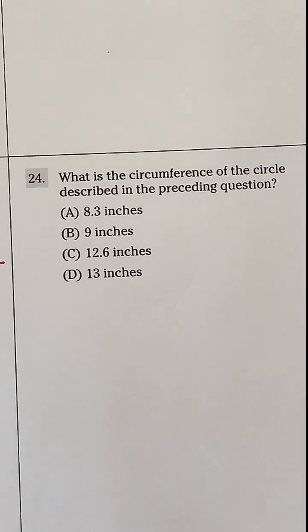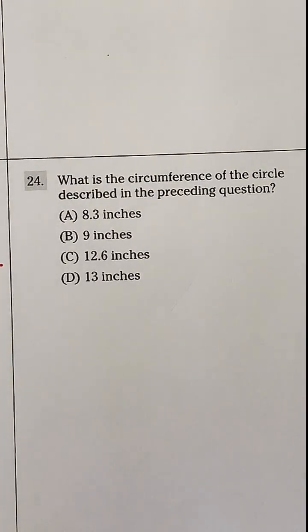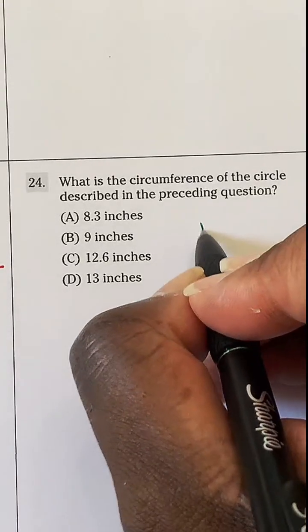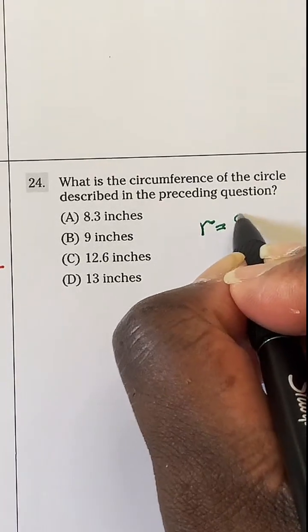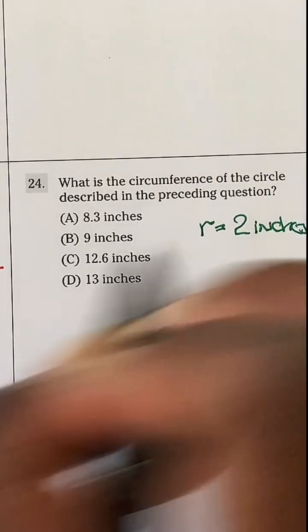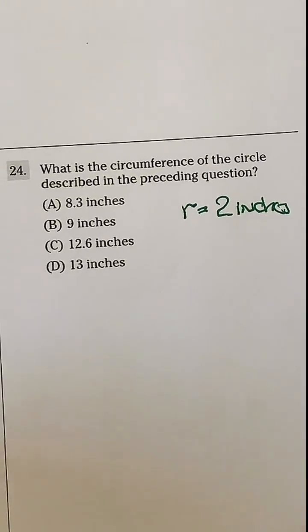All right. So, gotta hurry up. What is the circumference of the circle described in the preceding question? All right. So the preceding question, they told us that we had a radius of 2 inches. But they want you to find the circumference.